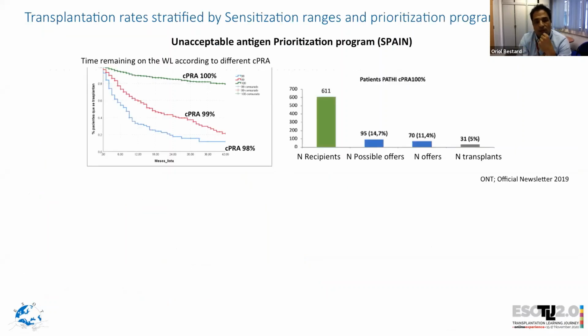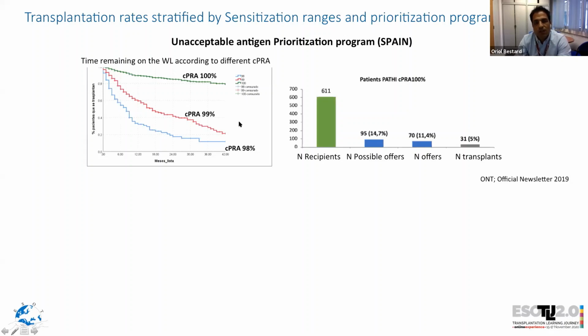And here, just briefly, I wanted to show you the impact of these two approaches. You can see, for example, in our program, and I think we can generalize this example from Spain to other countries that use a prioritization program, that patients in the high range, even with a CPRA of 98%, 99%, have a pretty good chance of receiving a compatible HLA organ, particularly those that are incident, so at the very beginning of being included in the program.